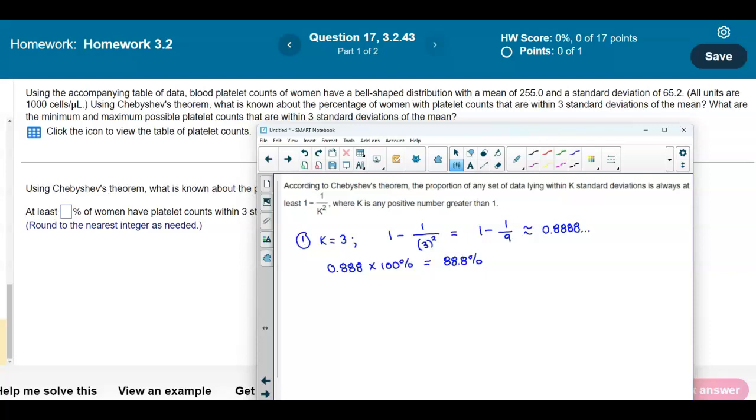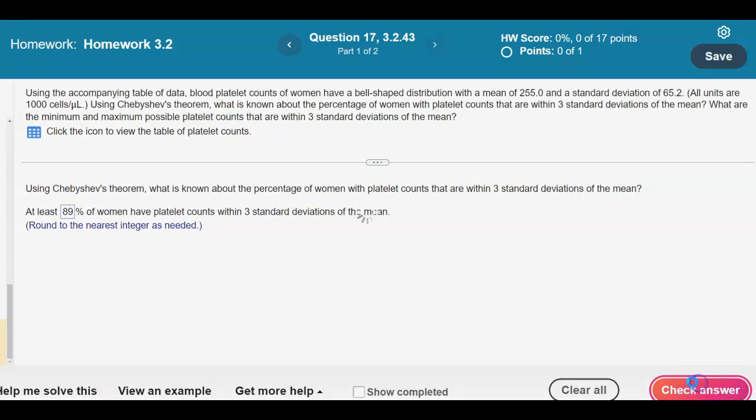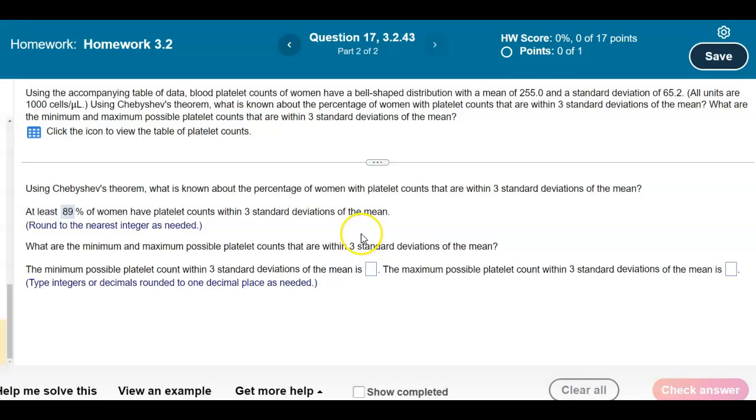Now again, they want us to round to the nearest integer, so therefore that's going to be 89%. So therefore, we're going to say that at least 89% of women have platelet counts that are within 3 standard deviations of the mean. So let's check our answer, and there is our result.